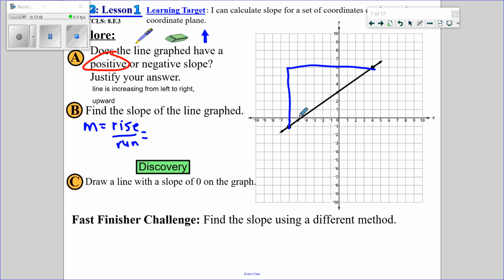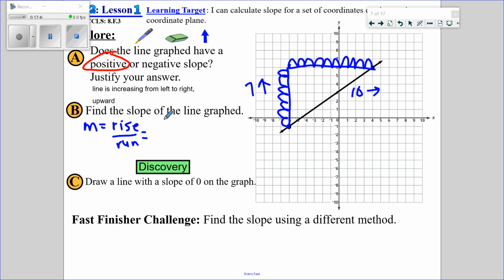Okay, so let's count. 1, 2, 3, 4, 5, 6, 7. I went 7 upwards. That was my rise. Let's go to the run. 1, 2, 3, 4, 5, 6, 7, 8, 9, 10. I went 10 to the right.